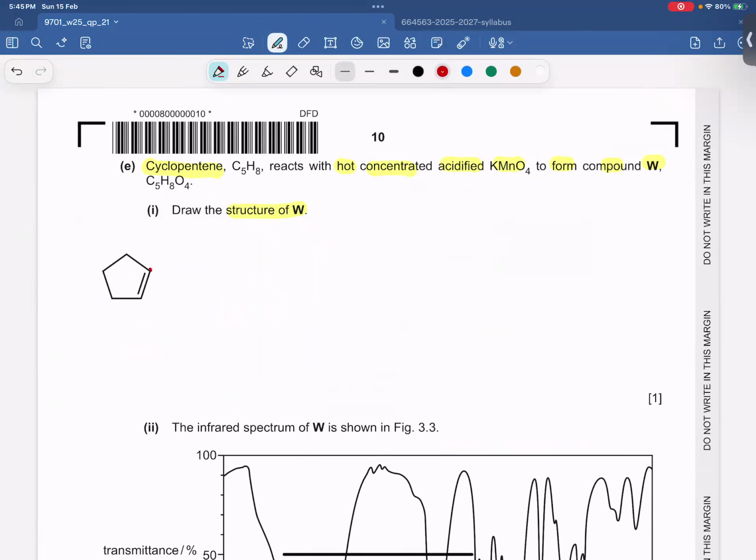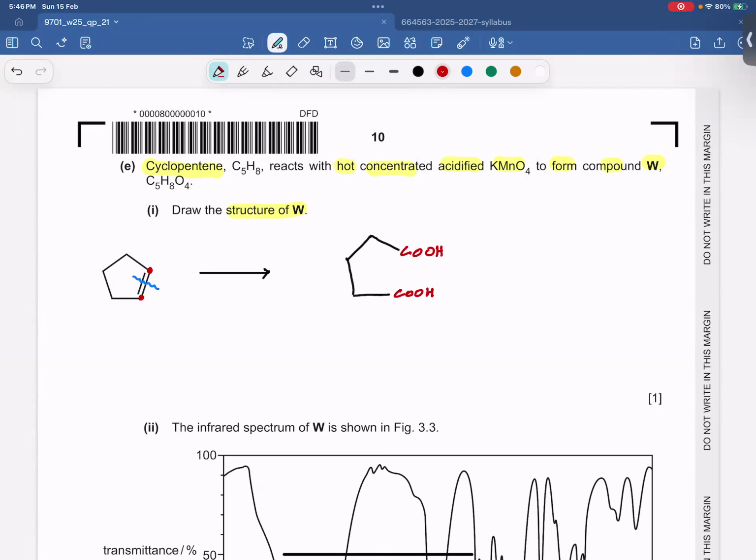This is CH, this is CH also, which means it will turn to carboxylic acid, and we know that this bond is going to be ruptured from the middle of the molecule. So the structure is going to be like this. This is going to be COOH, and this is going to be COOH. And that's the structure, guys.